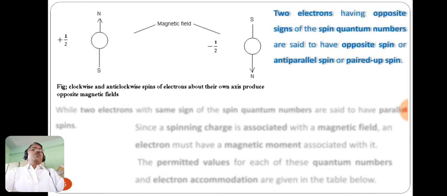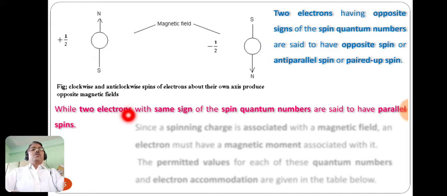Thus the two electrons having opposite signs of spin quantum numbers are called opposite spins or antiparallel spins, or paired spins. On the other hand, when the two electrons have the same sign of the spin quantum number, they are called parallel spins.